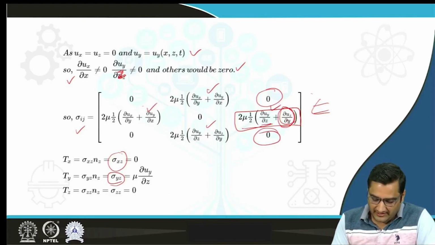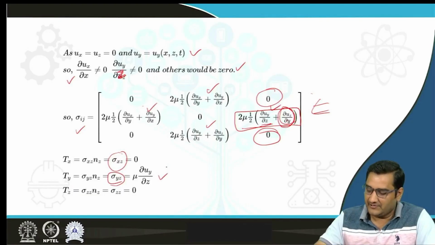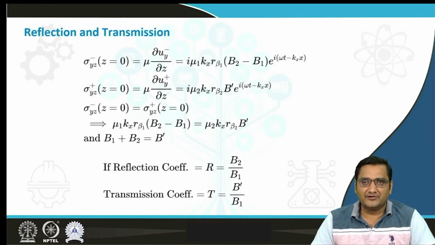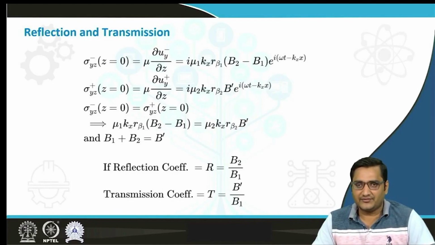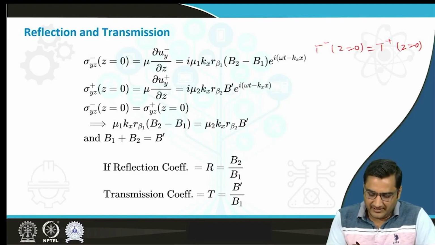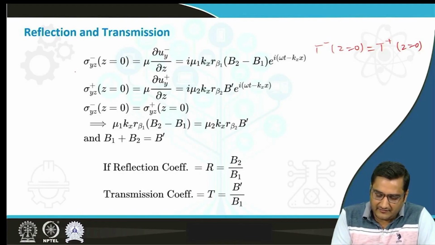Okay, so we have seen that the only non-zero traction, in the y direction, will be mu del uy by del z. Now we can easily apply the boundary conditions for the traction across the interface, that is t minus at z is equal to 0 is equal to t plus at z is equal to 0. As we have seen, the traction in the yz plane at z is equal to 0 will be mu del uy by del z.